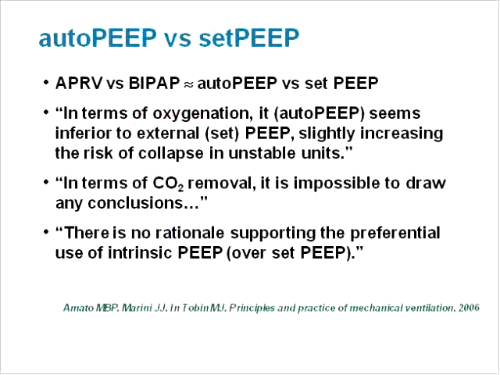If we reduce the comparison of APRV and BiPAP to a discussion of the relative merits of auto PEEP or intrinsic PEEP versus set PEEP, then these authors conclude the following. Auto PEEP seems inferior to set PEEP in terms of oxygenation. There are not enough data to make any statements about ventilation. And in conclusion, there is no compelling argument for using auto PEEP instead of set PEEP.